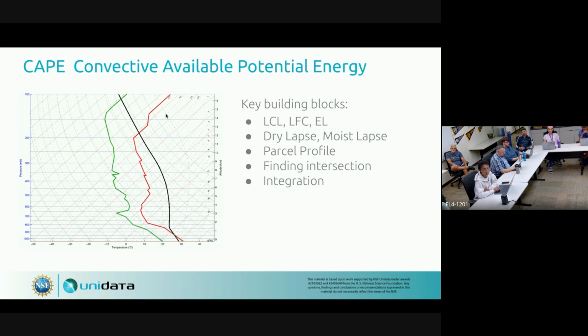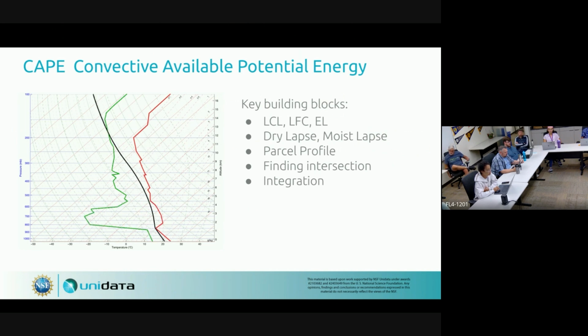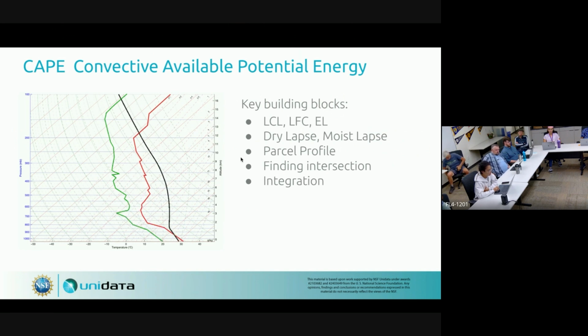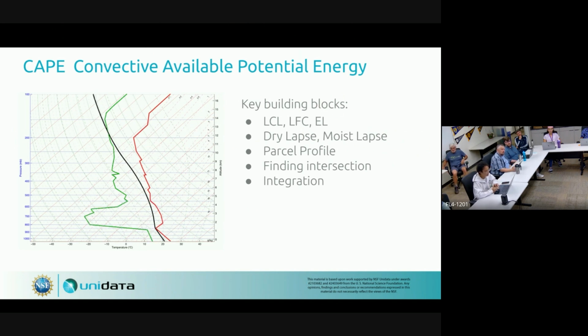As you can see in this QT plot, the CAPE calculation is not a single-step process. It is a multi-stage process that relies on several key thermodynamics building blocks. For example, we need to find the LCL level, and calculate the dry lapse and moist lapse profiles, and use them to concatenate a parcel profile.